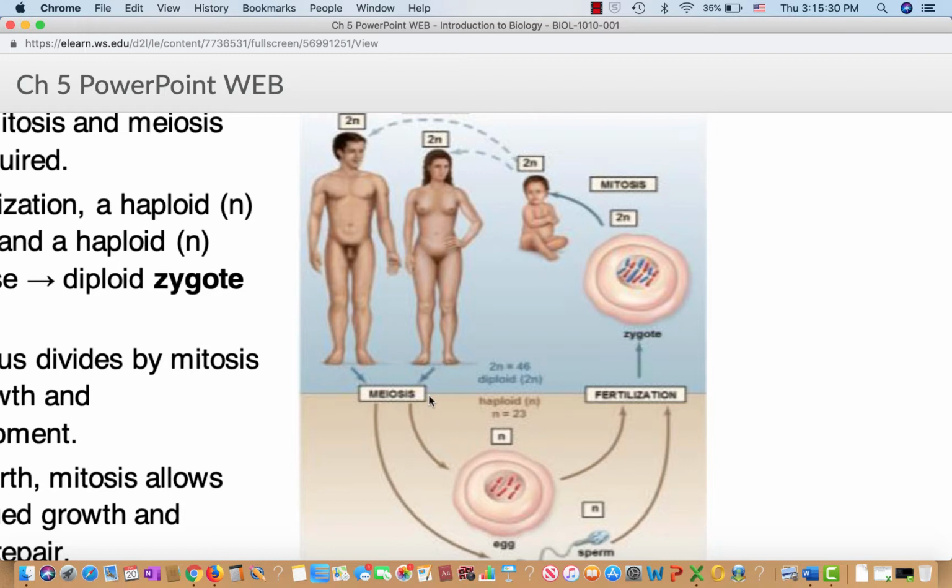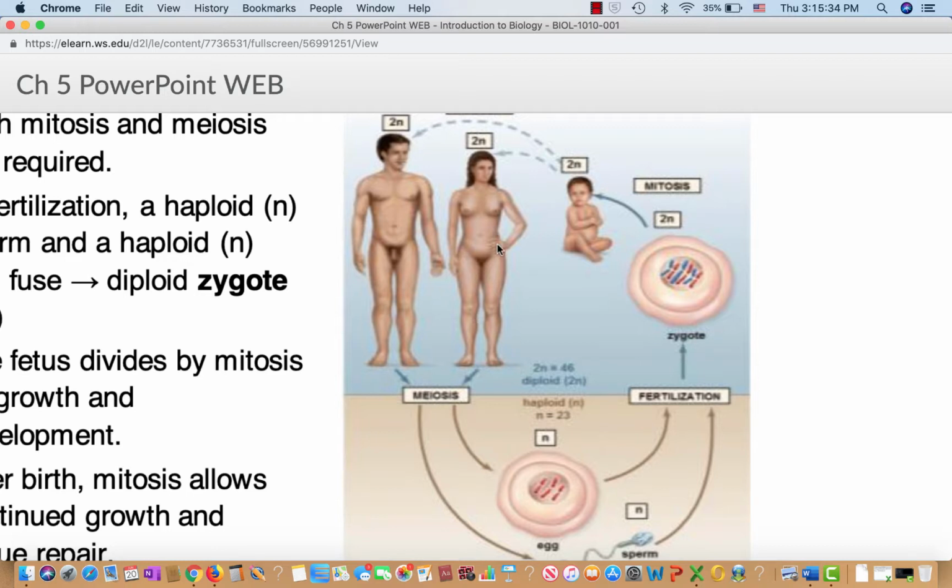A few things that they're not quite relaying here properly. A female is actually born with all of the eggs she ever has. Those are produced in utero in the ovaries, and they're just stored there until they're needed.